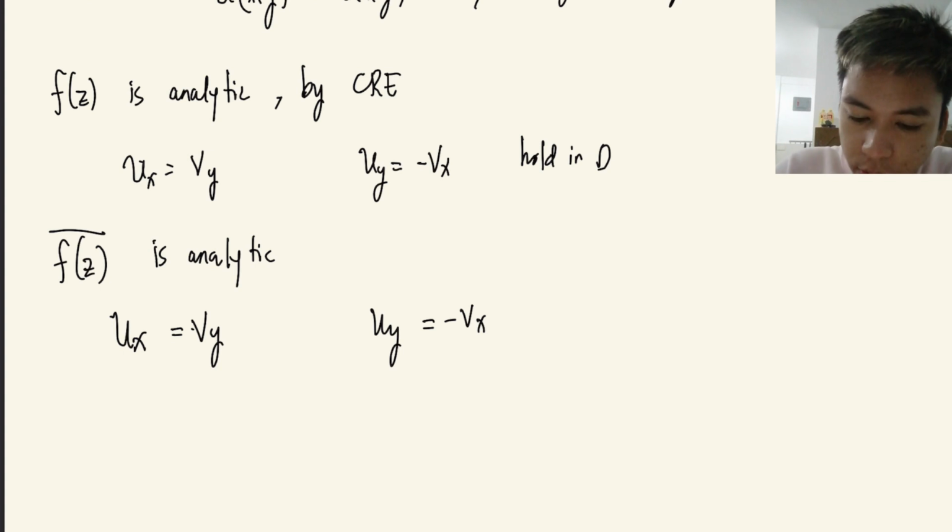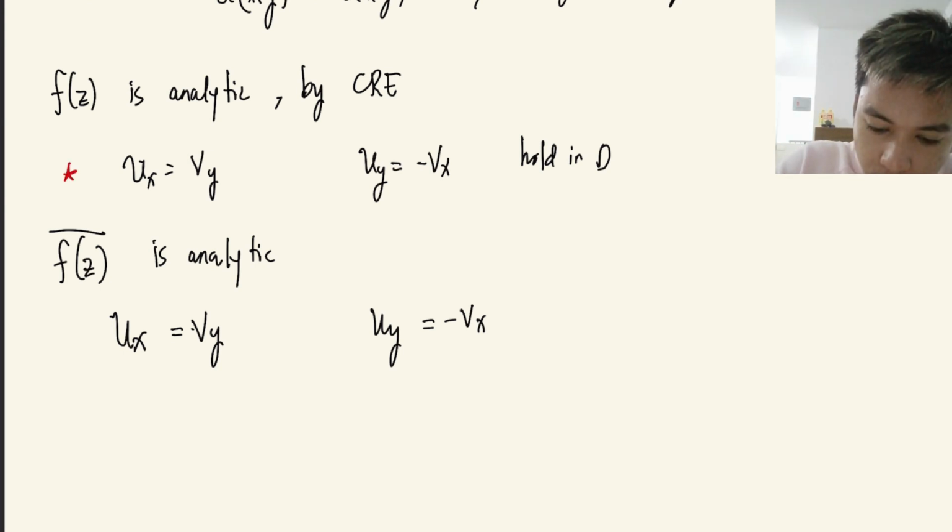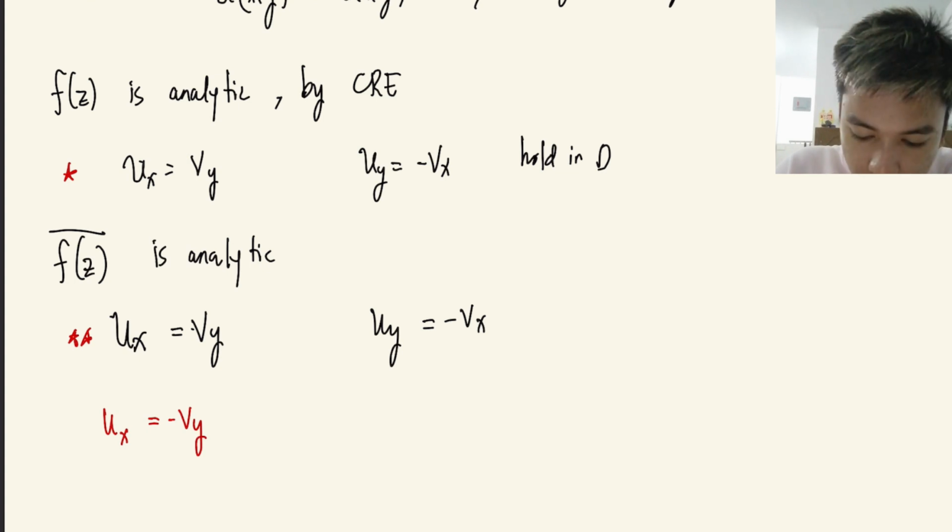I will compare this equation here and this equation here. So if I combine the equations star and double star, I would get u x equals negative v y and u y equals v x.